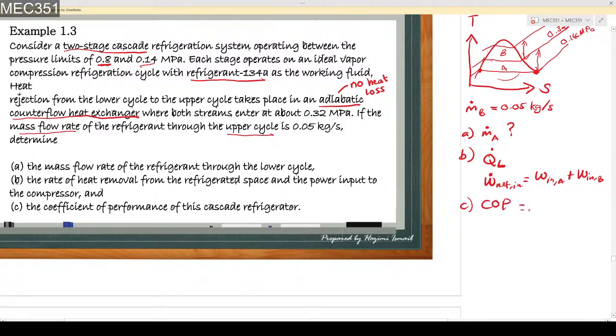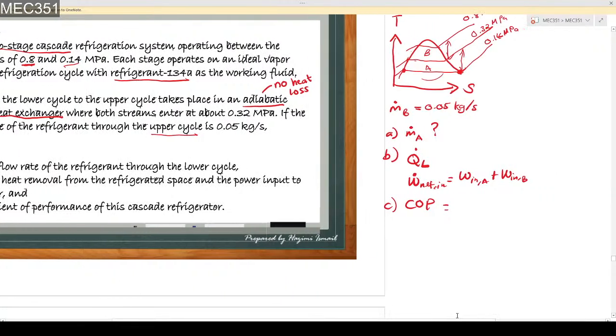In our previous class, for the equation of COP, we calculate Q dot L over work net. In this case, we have a combination of two systems, so we have to get the value of work net in, which is the summation of work in A plus work in B. So we will get the value of COP.